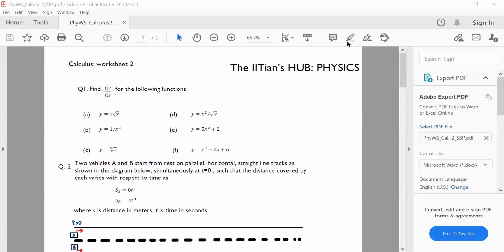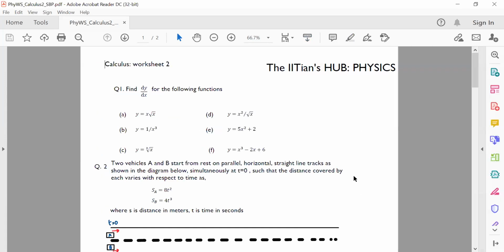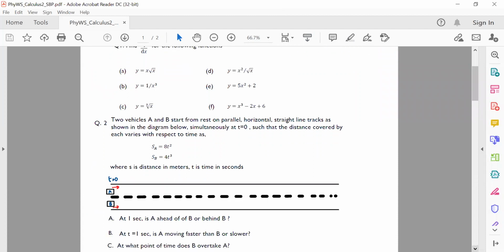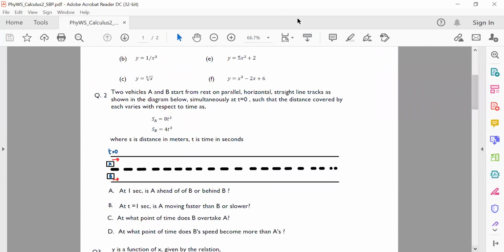Okay, so let's do a quick pass at assignment 2. So question 1, if anybody has a doubt, please let me know. Any of the differentiations? Okay, question 2. Okay.